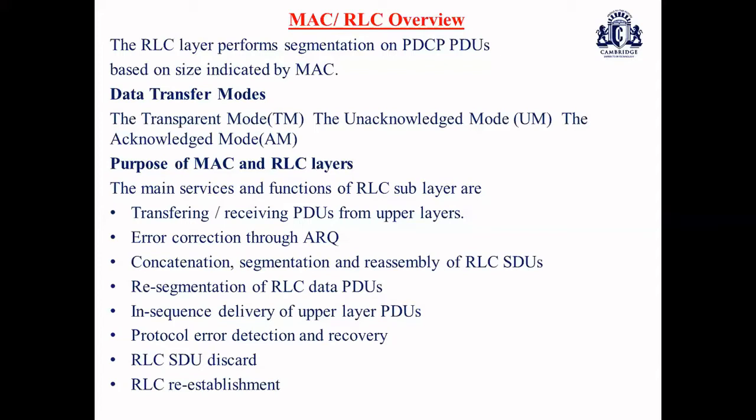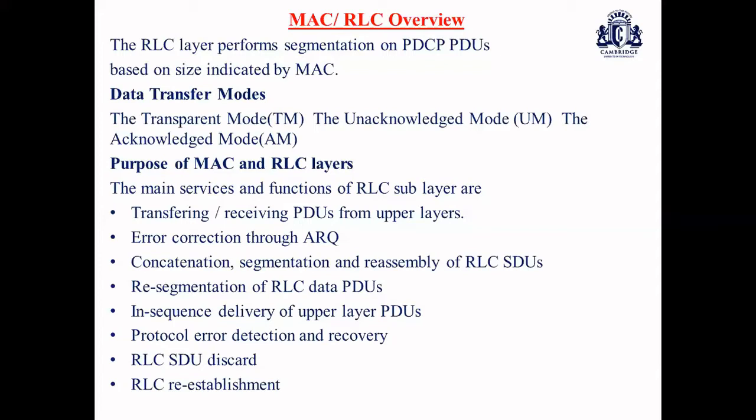Each RLC entity can be operated in three different modes: TM mode, transparent mode, UM, unacknowledged mode, as well as AM, acknowledged mode. So what is this transparent mode? In this mode of execution, the RLC entity does not add any RLC header to the PDU, and no data segmentation or concatenation is performed.